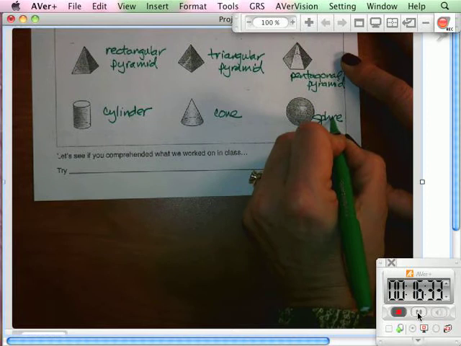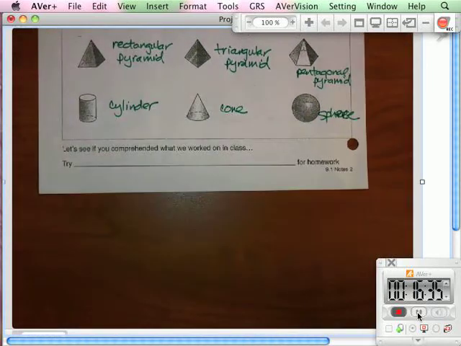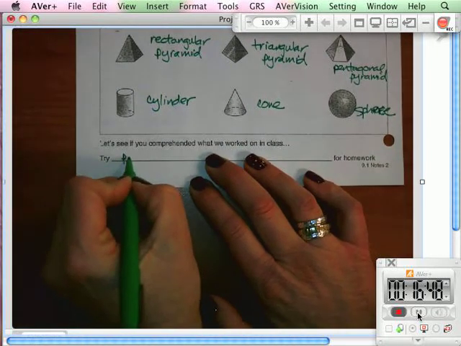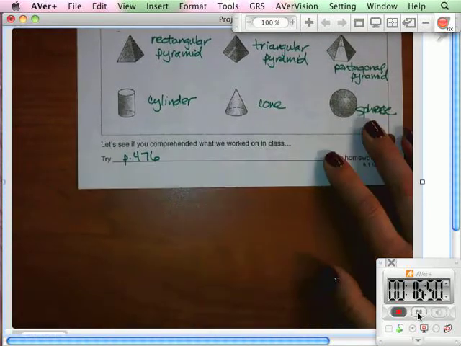Since I've only planned the next 3 days, I did not print a calendar for you. So I'm going to write the homework right here. Page 476.